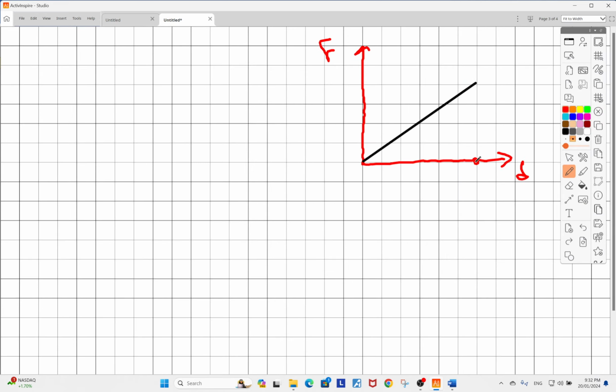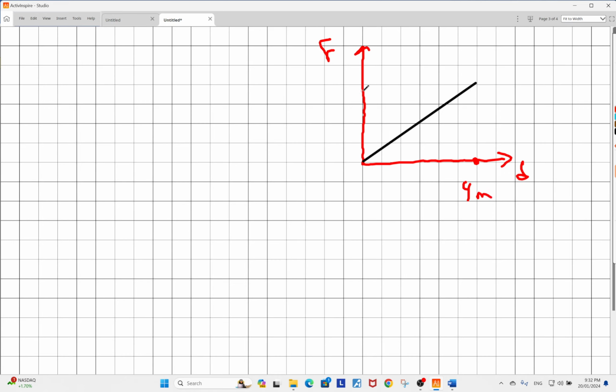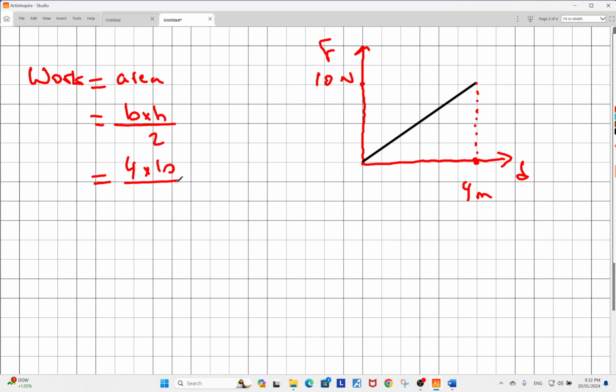Let me say this is 4 meters, and this is 10 newtons. So how can we find the work? The work would be the area. This is a triangle, so the area would be base times height over 2. This is very important. The base is 4, the height is 10, over 2, and that would be 20 joules.